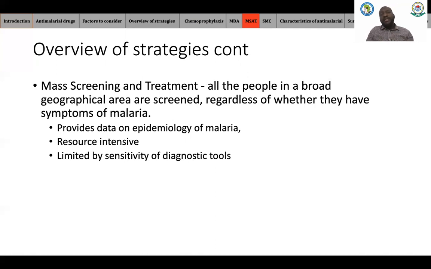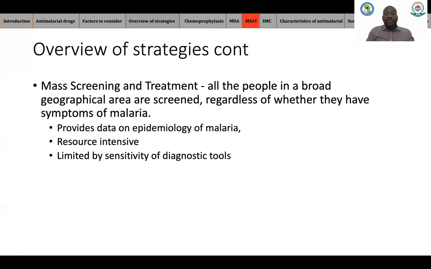And there's also the limited sensitivity of the diagnostic tools. This is when we were talking about whether you're using microscopy, or molecular tools, or lateral flow immunochromatographic tools like rapid diagnostic tests. These tools have limited sensitivity depending on where you use them. If you have a parasite density of more than 10 parasites per microliter, then you might be able to use microscopy.